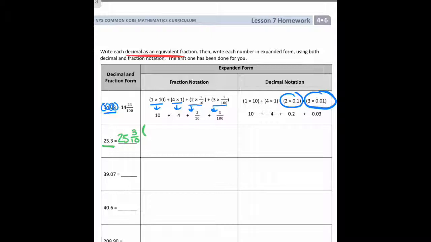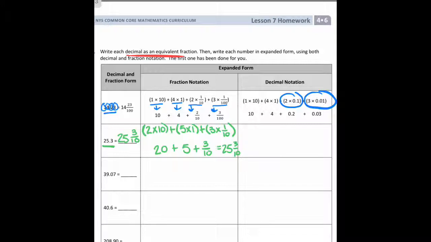And in fraction notation, I would do 2 times 10 because there's a 2 in the tens place, plus 5 times 1 because there's a 5 in the ones place, plus 3 times 1 tenth because this is fraction notation and it's in the tenths place. And then below, I'm going to write 20 for 2 times 10, 5 for 5 times 1, and 3 tenths for 3 times 1 tenth. And when I add that up, I'll get 25 and 3 tenths.